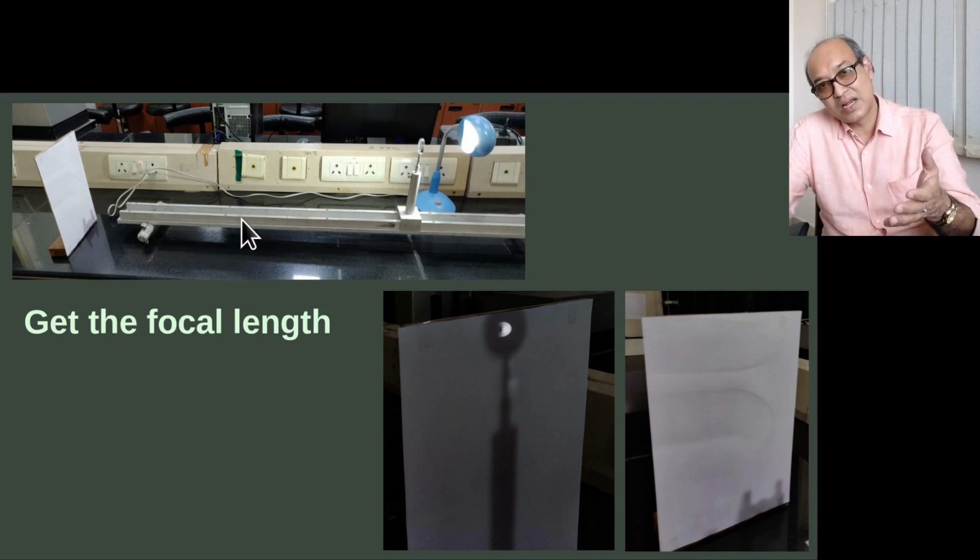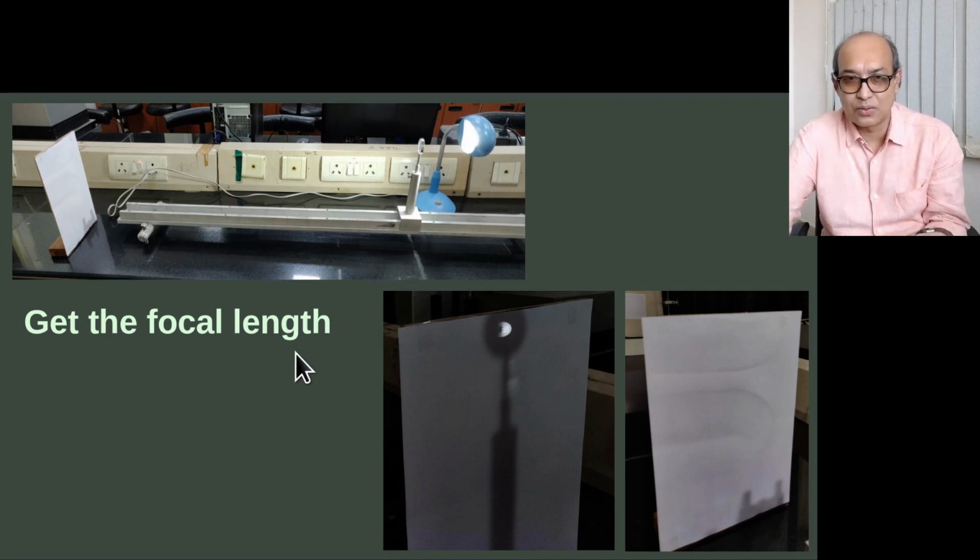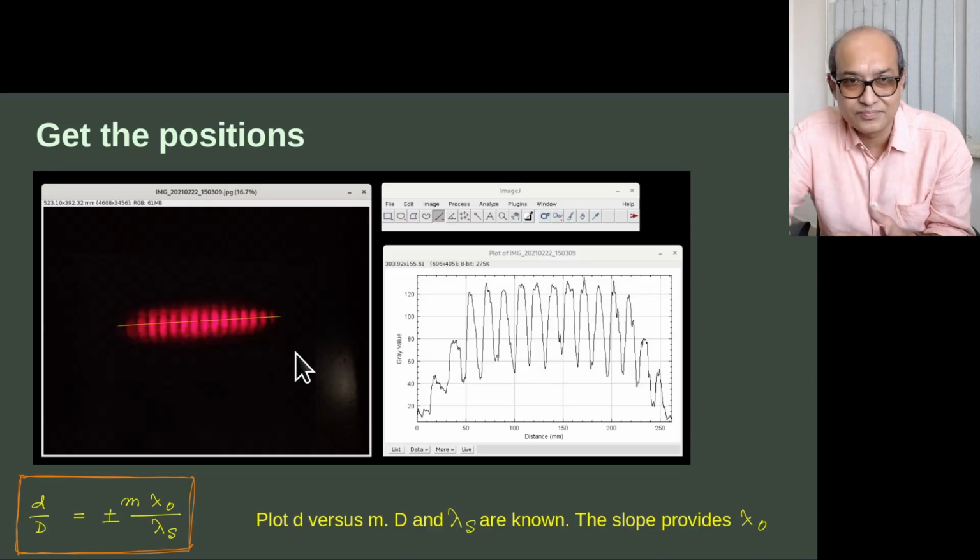Then again, one can move the other way, and you can have another position of the lens for which again you get a very clear image of the filament, but this time the lens is closer to the bulb. So from the position of this lens and the distance between the bulb and the screen, which you are not changing, you can easily calculate the focal length.